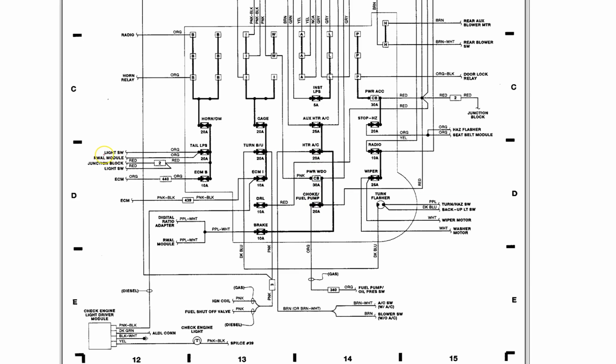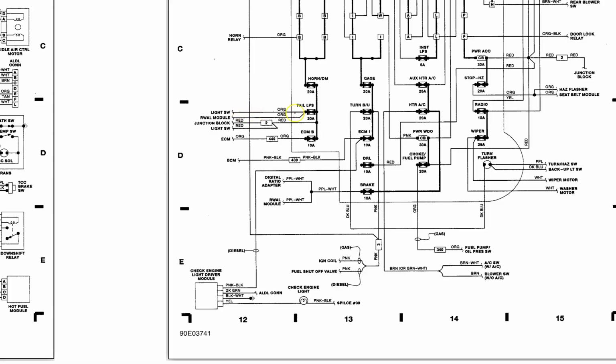And here we have the tail lamp fuse. You can see it says light switch. That's orange. That's not what we're looking for. We're looking for this red one from the light switch. So let's follow it. It goes this way. It's over here. And then it goes through the tail lamp switch.